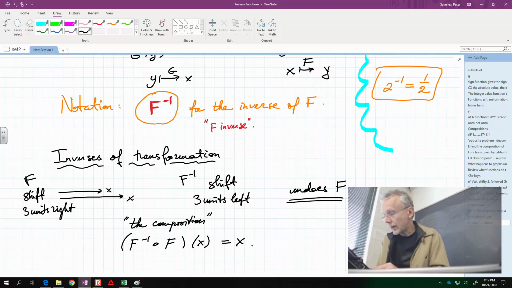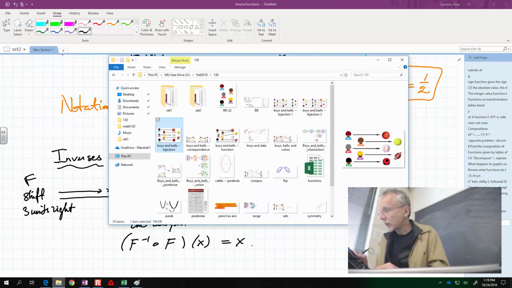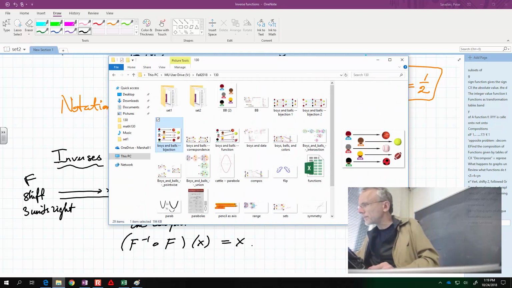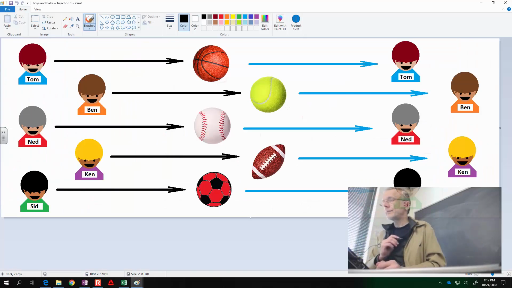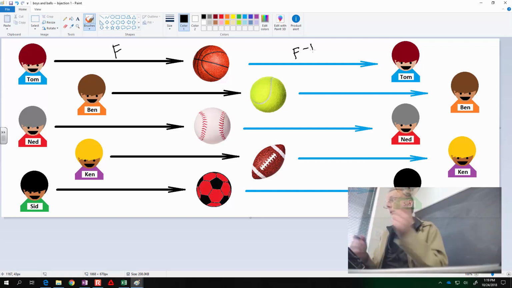Okay, I have another illustration for that. Here it is. Okay, from boys to balls, and then we carry out another step. So this is my f, and this is my f inverse. So as you can see, if I continue on in that fashion, I will end up with the same. Tom goes to Tom, Ben goes to Ben through this, right?